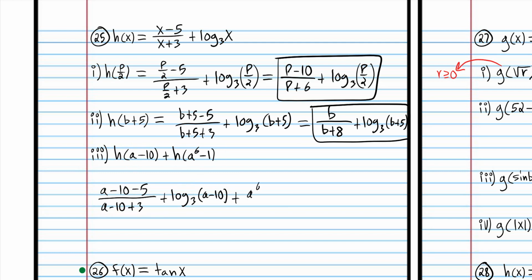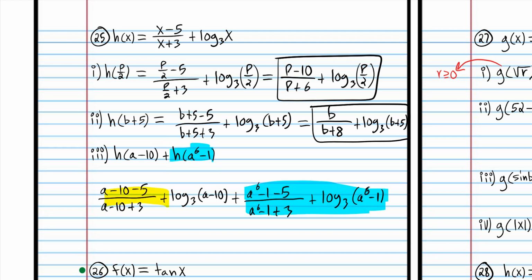So we have a to the 6 minus 1 minus 5 over x plus a to the 6 minus 1. Whoops. That'll be a to the 6 minus 1 plus 3, excuse me, plus log base 3 of a to the 6 minus 1. So we wrote h of a to the 6 minus 1 here, and we wrote h of a minus 10 here, and we have the plus sign in between.